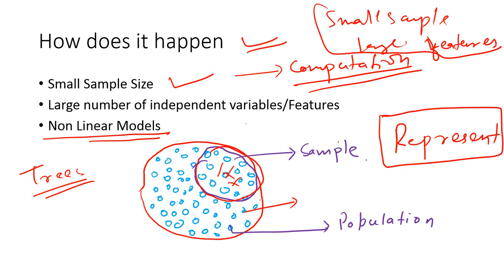Secondly, if you are using a large number of features or independent variables, make sure that you have a very large sample. It could be very close to the population, or it could be the population itself, but ensure that you have a large number of observations, or a good degree of freedom.